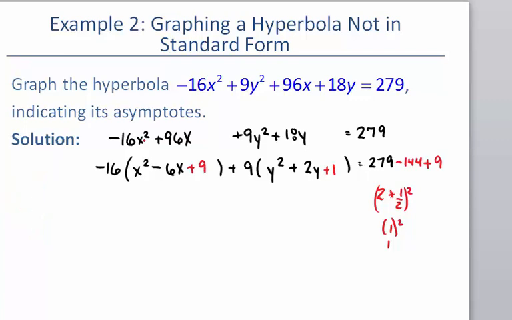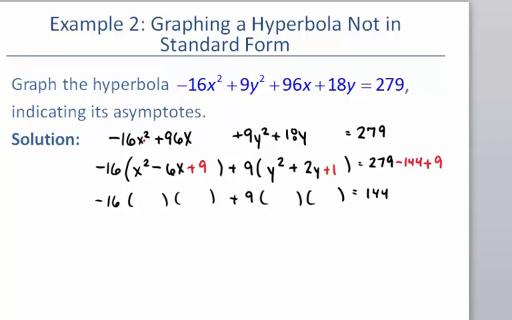Okay, so now what should happen is that we should be able to come in and factor this x quadratic, and we should be able to factor the y quadratic. And then on the right-hand side, we have 279 minus 144 plus 9 gives me a positive 144.